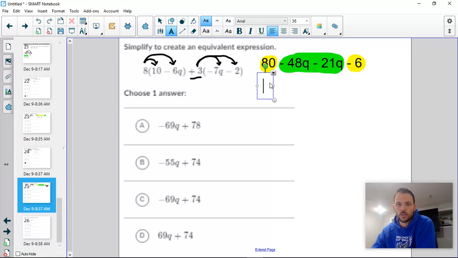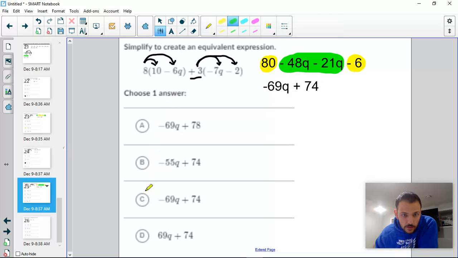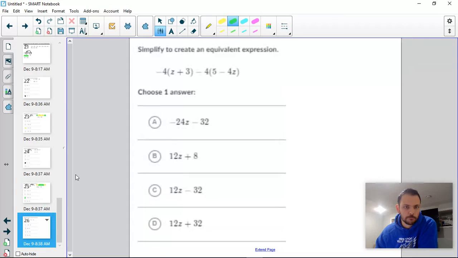Negative 48q minus 21q would be negative 69q. And then 80 minus 6 would be positive 74 or plus 74, right? So negative 69q plus 74 right here, C, right?